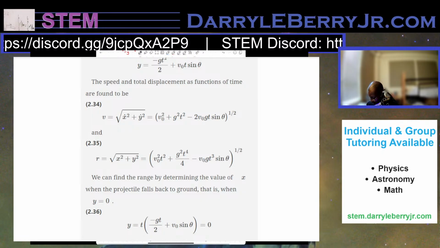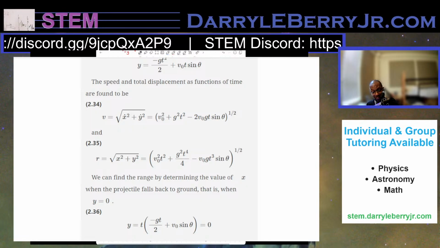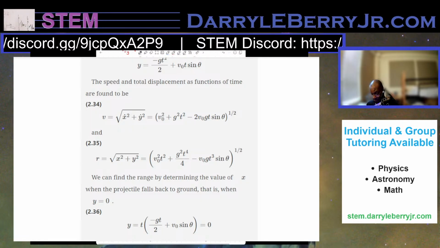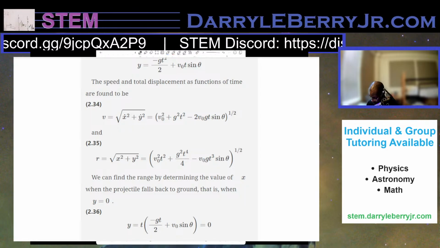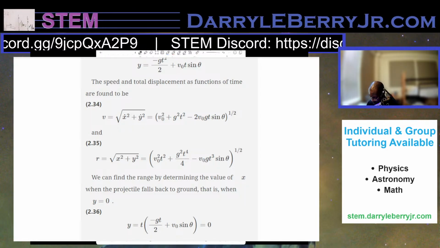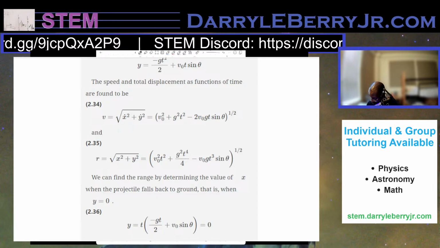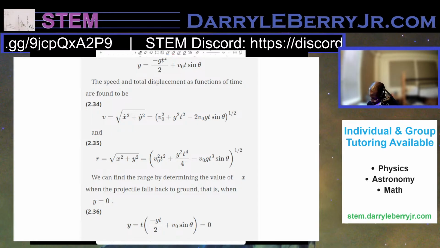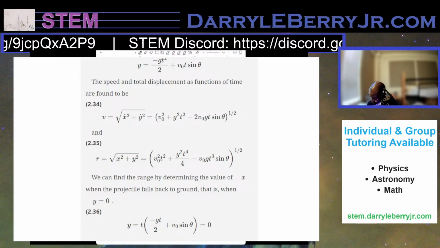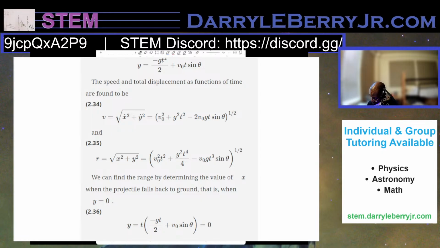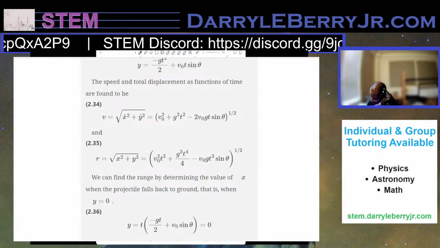Well, they're doing something different here. Try this again. X dot squared equals V naught squared cosine squared theta. Y dot squared equals g squared t squared plus 2gt V naught sine theta plus V naught squared sine squared theta.